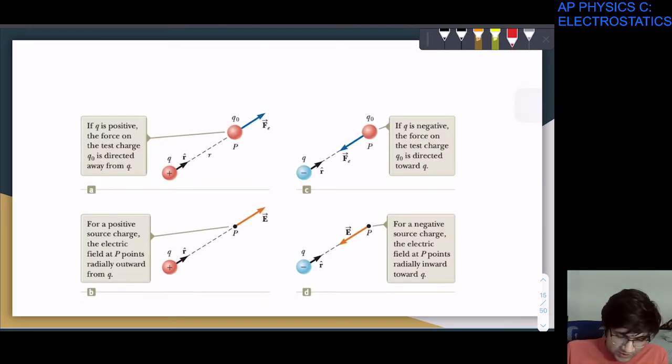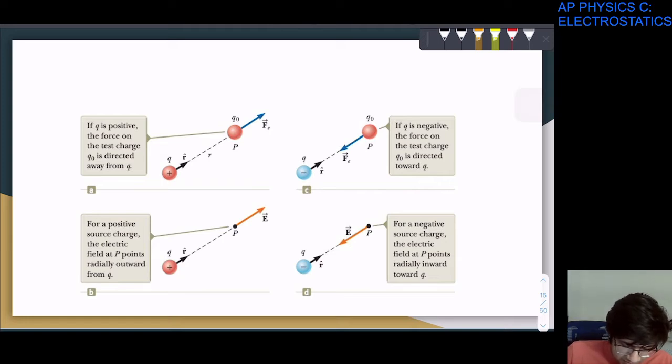All right, just a few pictures. So we have two particles here: a positive source charge Q, and a test charge Q0. If our source charge is positive, then the force on the test charge Q0 is directed away from Q. What this is saying is that if our source charge is positive, our electric field lines are going to point outwards.